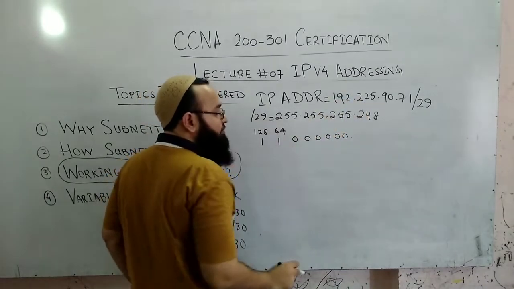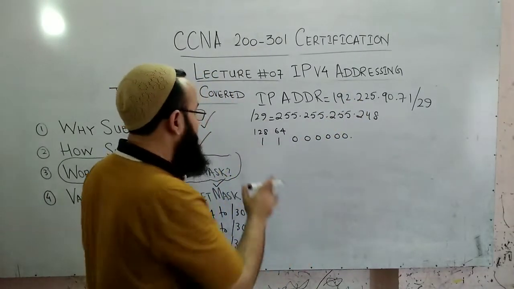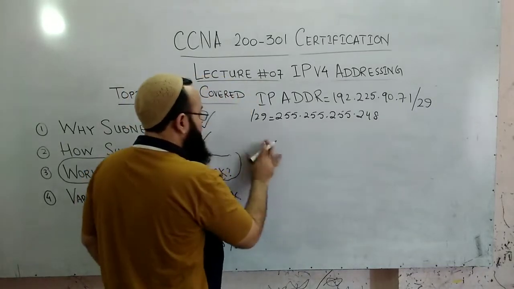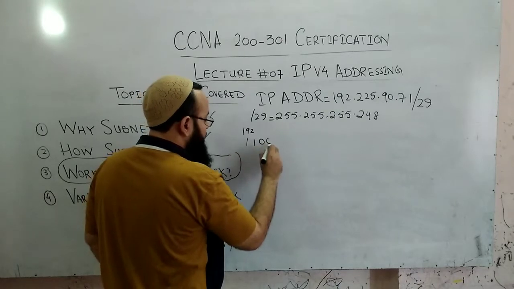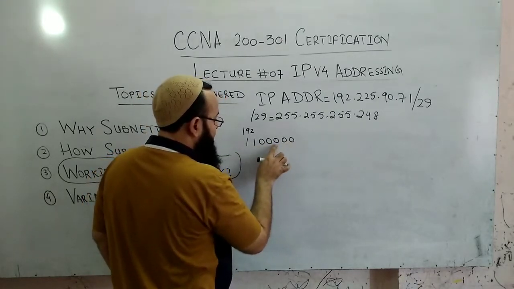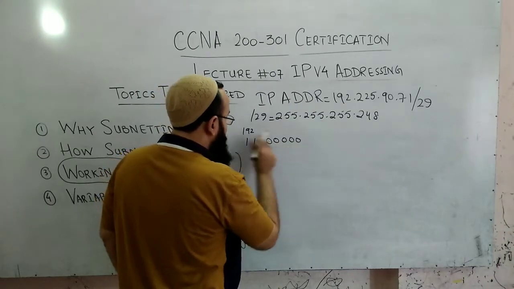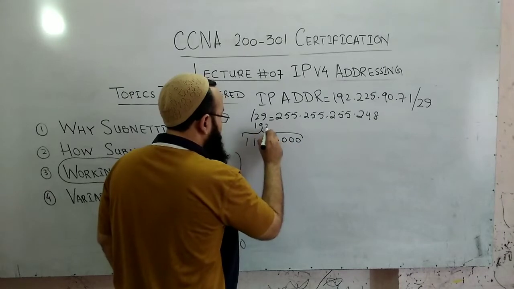Now about 225, we have to convert it into binary format. So I am writing 1 1 0 0 0 0 0 0, 1 2 3 4 5 6 7 8. This is your 192 portion.